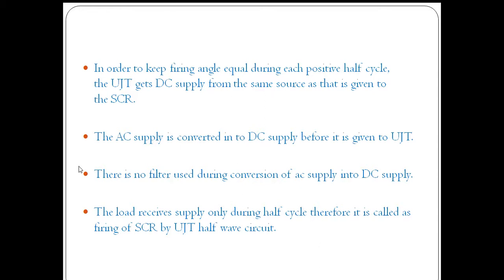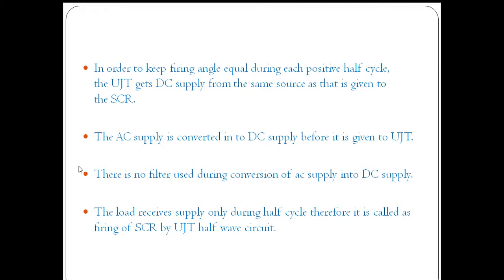In that, we have discussed class A commutation, which is called load commutation. Class B commutation is called self commutated by using an LC circuit. Next, we have discussed class C commutation, which is LC switched by another load carrying SCR.